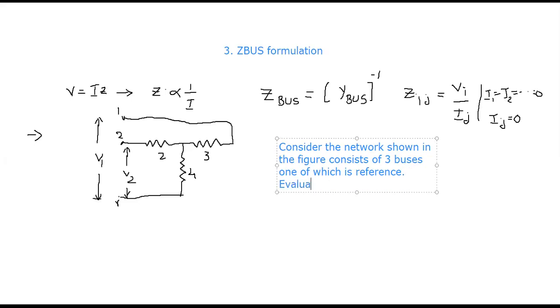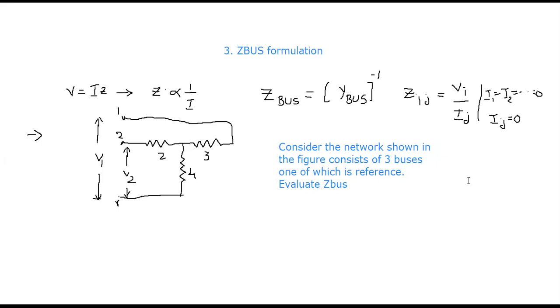Evaluate the Z bus. Now this is the problem. You consider that particular network, which consists of three buses, and out of those three buses, one bus is the reference bus.